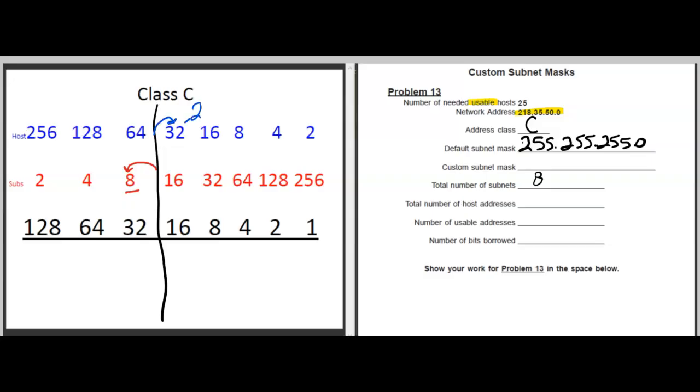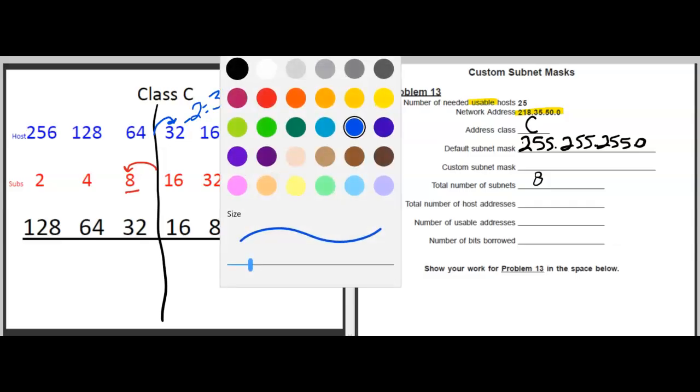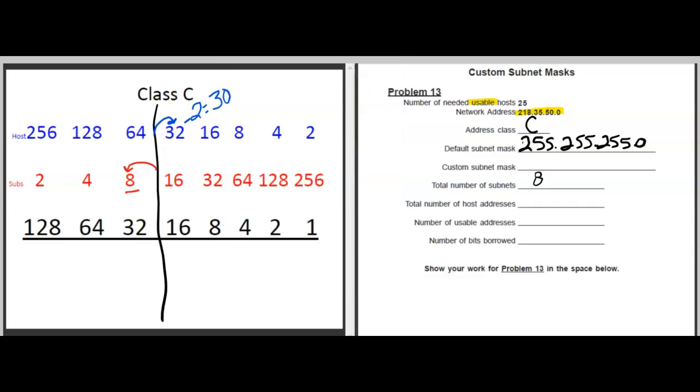We always subtract 2, which gives me a total of 30 usable. So, again, filling in our table, the total number of host addresses is 32. The usable host addresses would be 30.